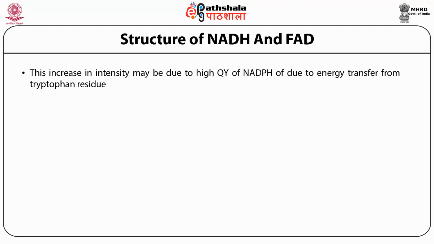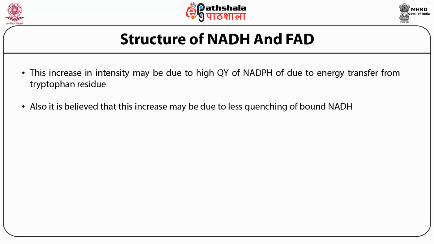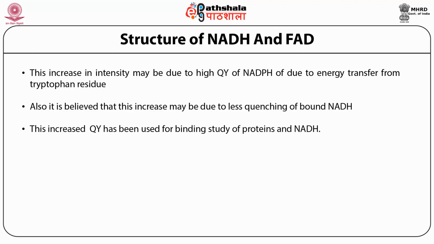The increase in intensity of NADPH fluorescence may be due to high quantum yield of NADPH as a result of energy transfer from tryptophan residue. It's also believed that this increase may be due to less quenching of bound NADH.